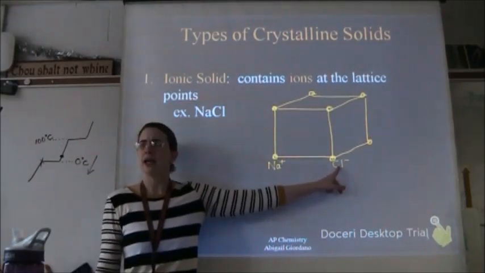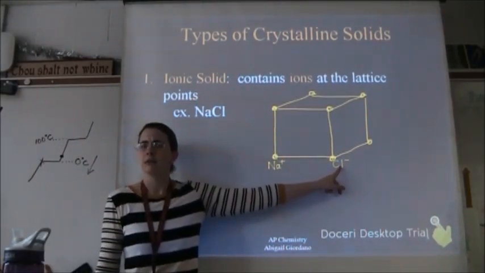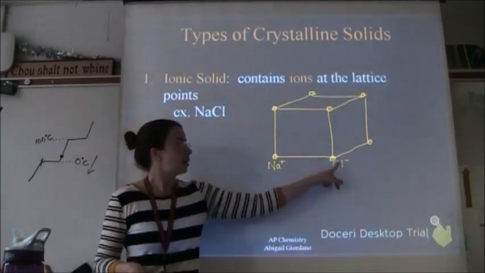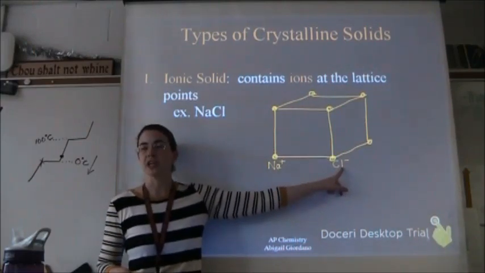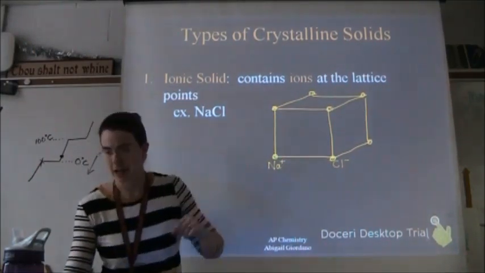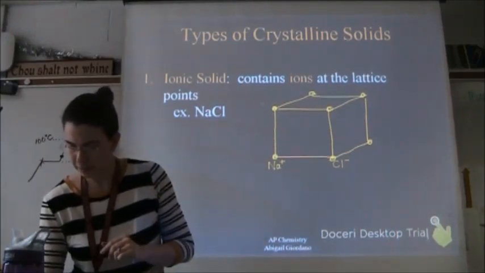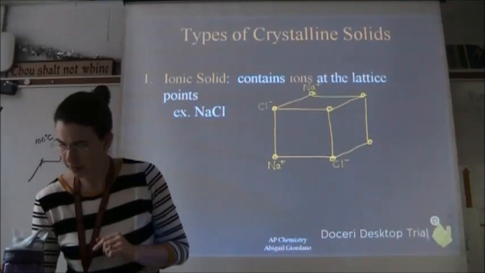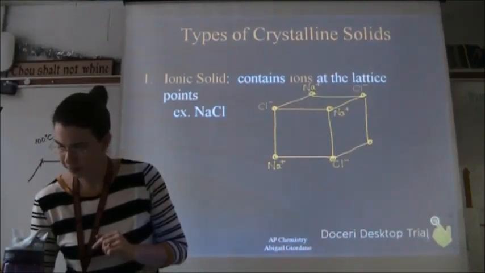Why not another sodium ion? Yeah, same charges repel. We want to have opposite charges next to each other. So what would be at this lattice point? Cl minus. Okay. This would be Na plus, Na plus, Cl minus, and so on.